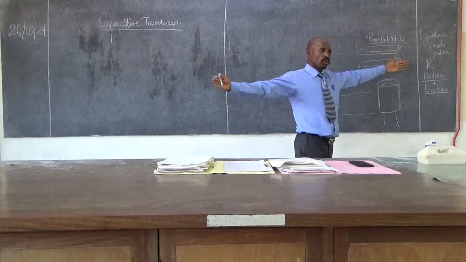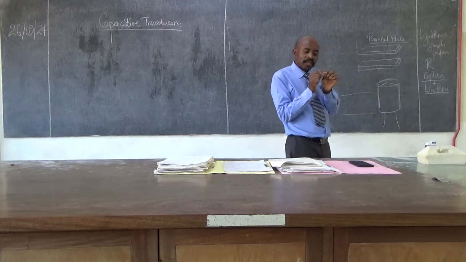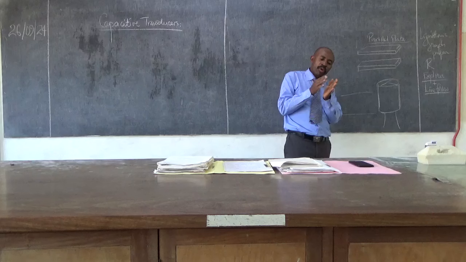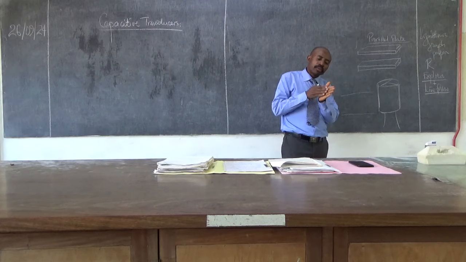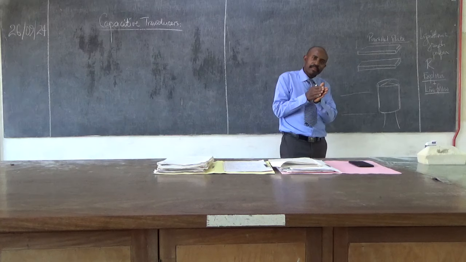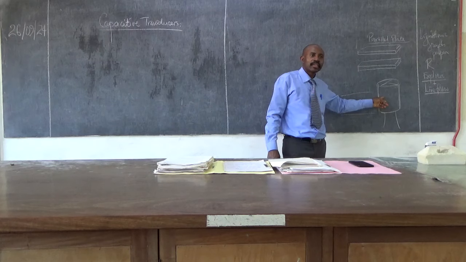You can imagine rolling a small sheet of aluminum with some piece of polyethylene in the middle for separation, and then you roll it to make such a size of the capacitor.